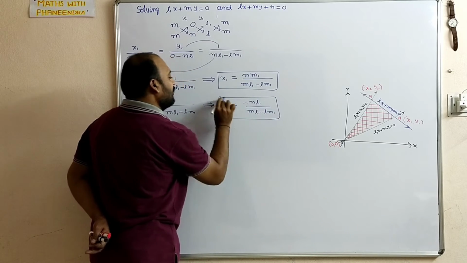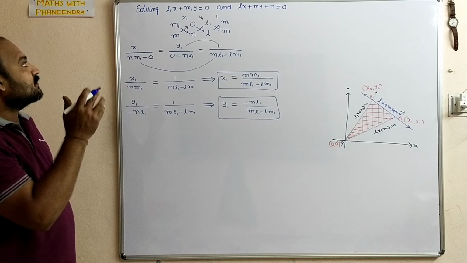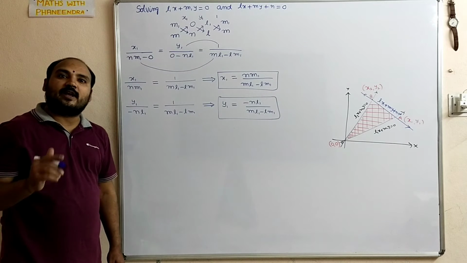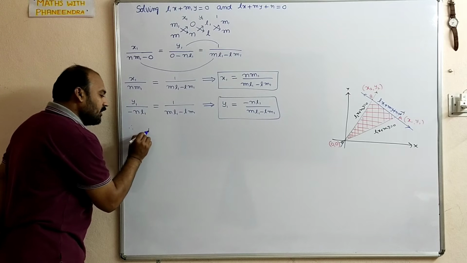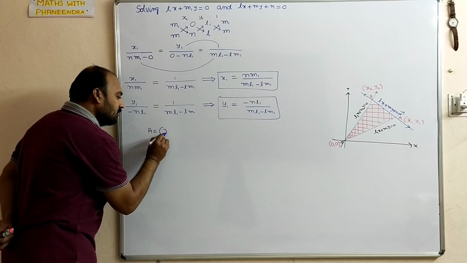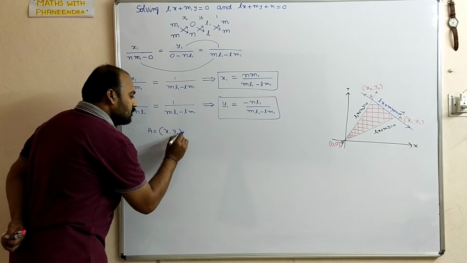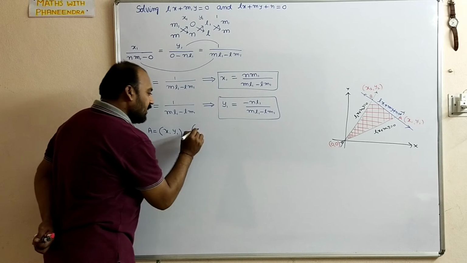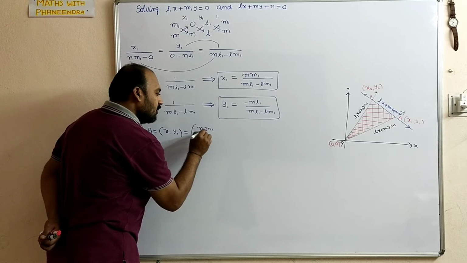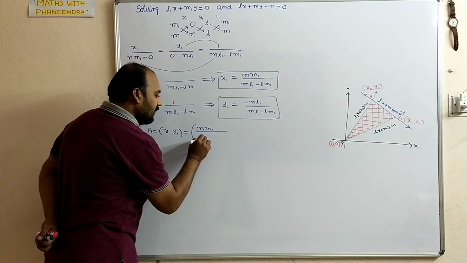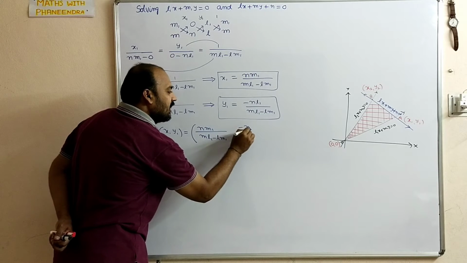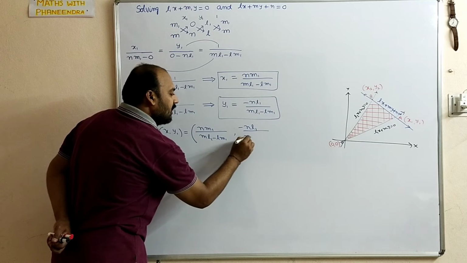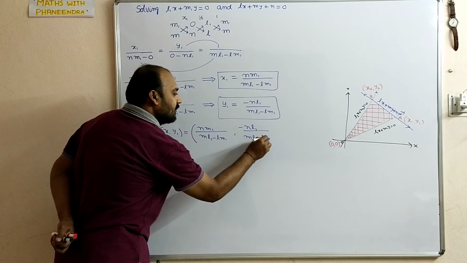So the point of intersection of L1x plus M1y equal to 0 and Lx plus My plus n equal to 0 is, therefore, A of x1, y1 equal to n m1 by m L1 minus L m1, minus n L1 divided by m L1 minus L m1.